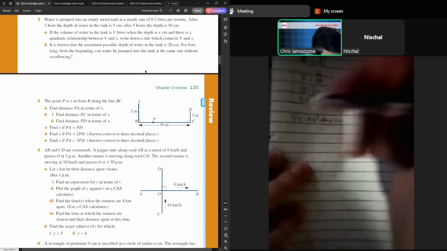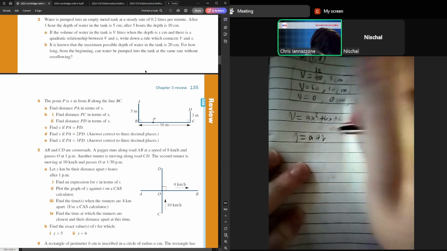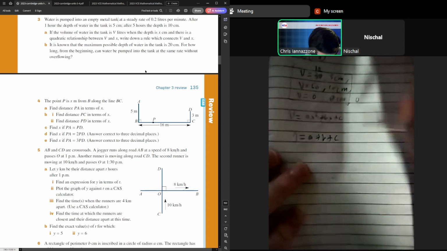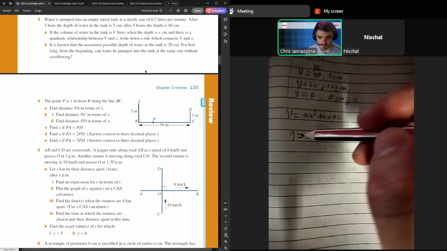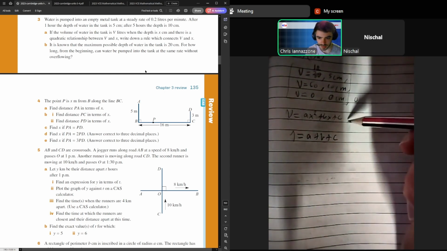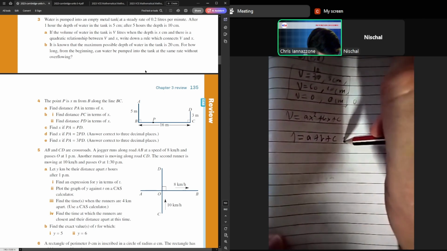So I'm just going to make up some equations. It's probably going to break if I do it, but we'll see how we go. Basically, you're going to take these points and sub them into your generic quadratic, whatever that happens to be. I'm just going to create three random equations from that.